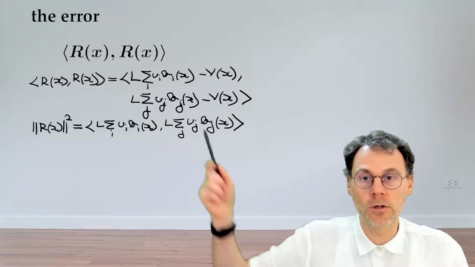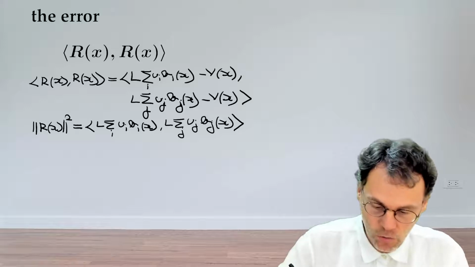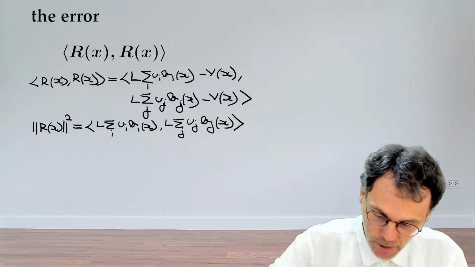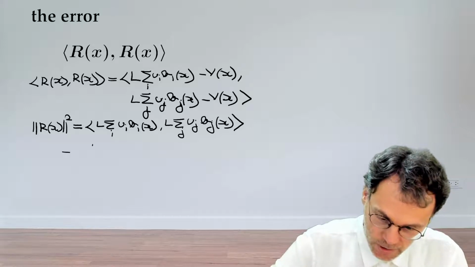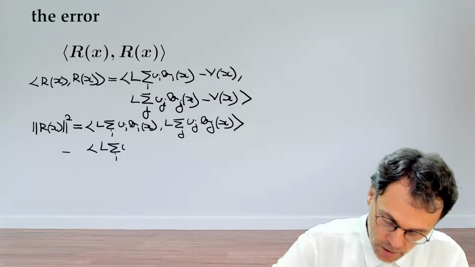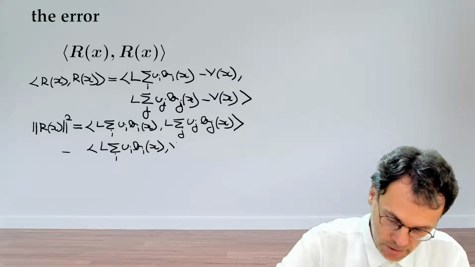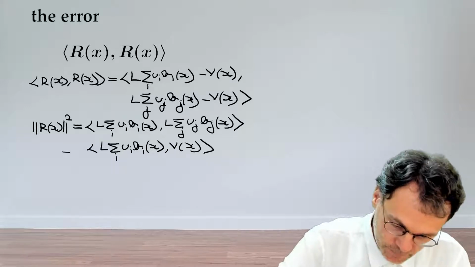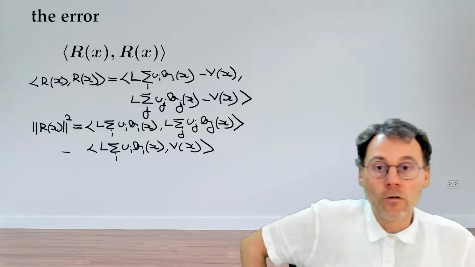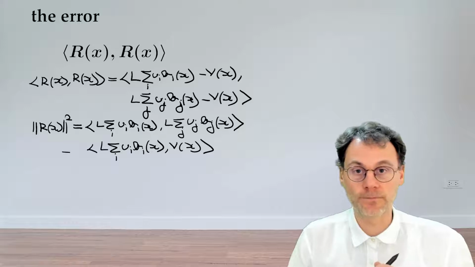Then for the second term, let's take this one with that one. So v has a minus sign, so let's bring that minus sign outside: summation over i ui bi of x and then v of x. For the third term, we have minus v of x times that summation.